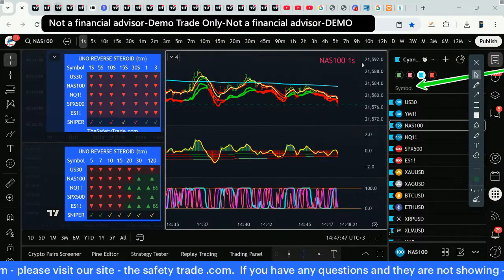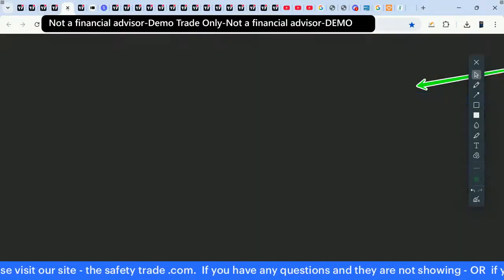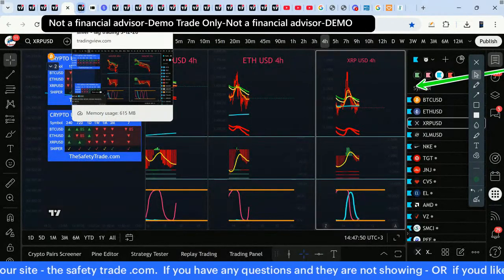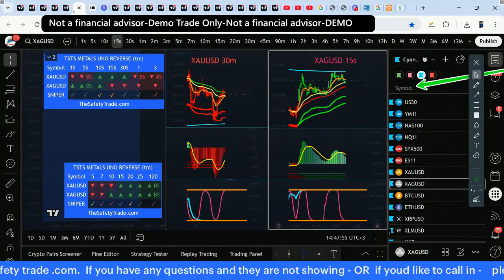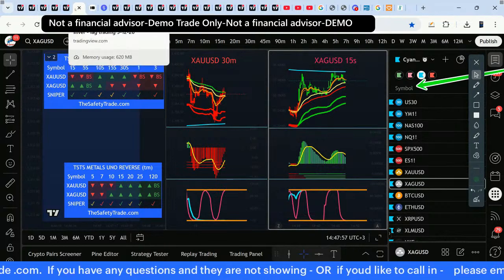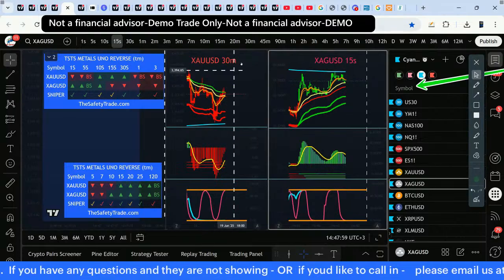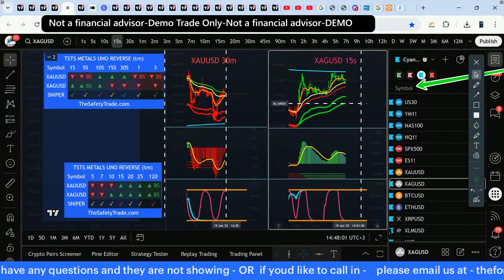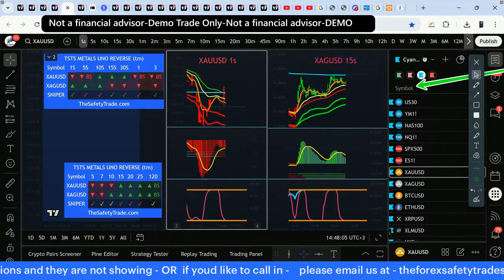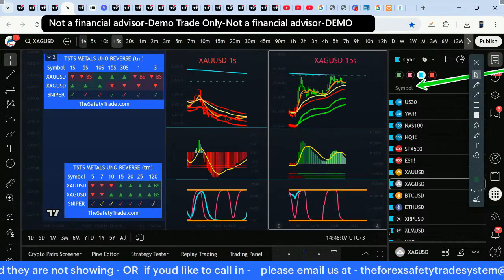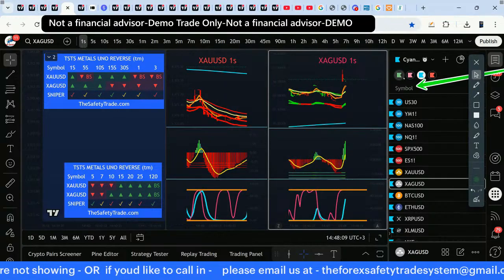All right, let's go over to gold. I saw gold still moving. All right, gold, silver. Let's see what's going on here. I can see divergence on the 1 second thanks to our fancy little gold only.